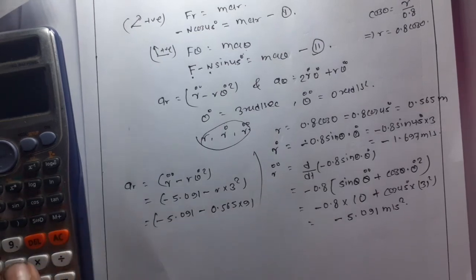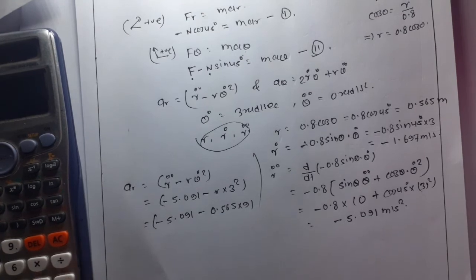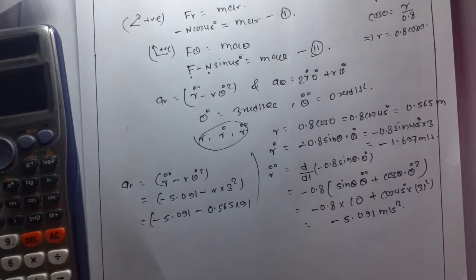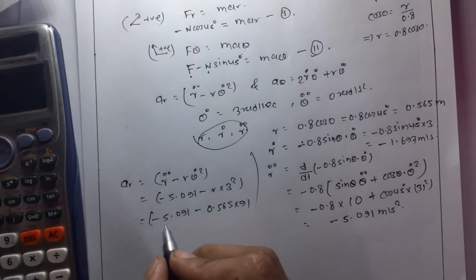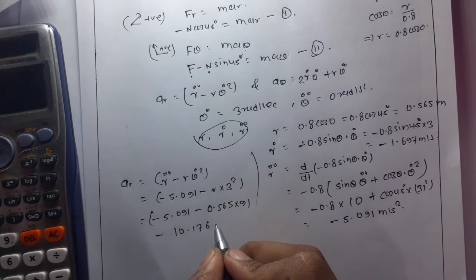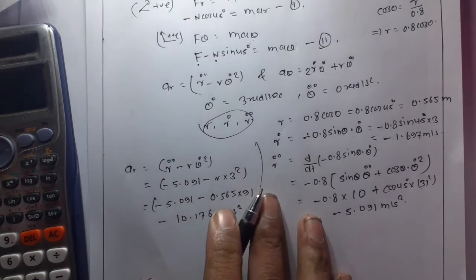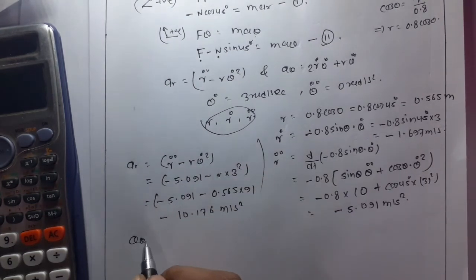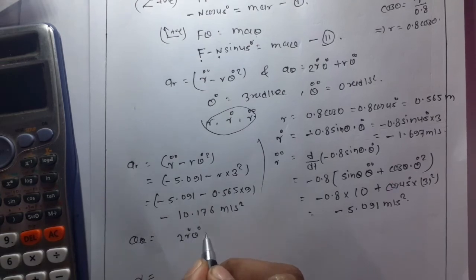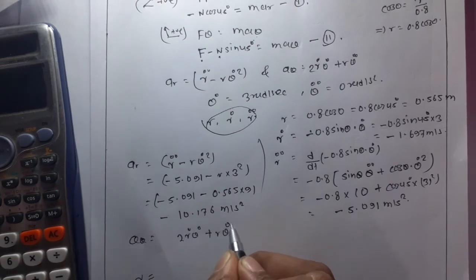So this is minus 5.091 plus 0.565 into 9, so this is minus 10.176 meter per second squared. And a_theta is equal to 2 r dot theta dot plus r theta double dot.